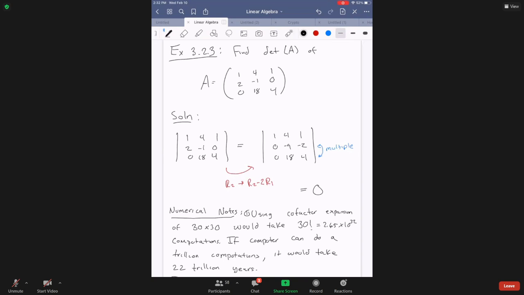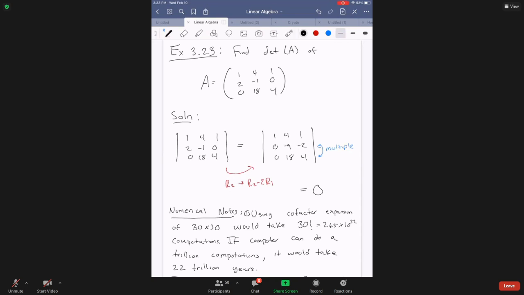And then two, by using this new result that we did, the computer would take just a fraction of the time. So using REF would take a fraction of a second for a computer, not for us.